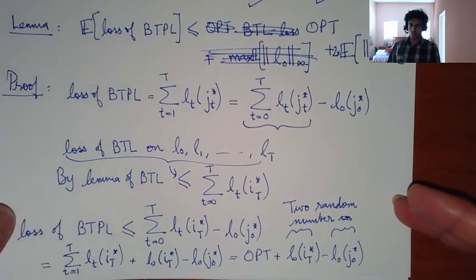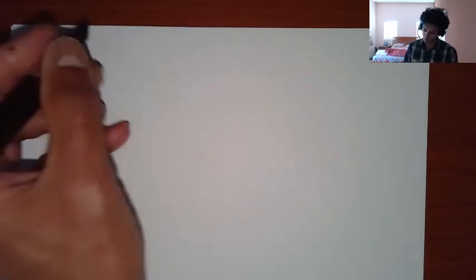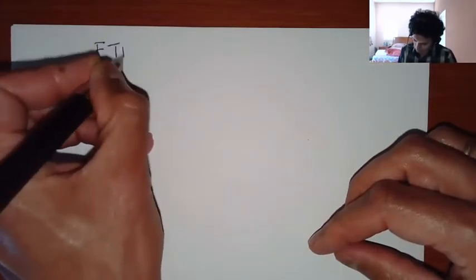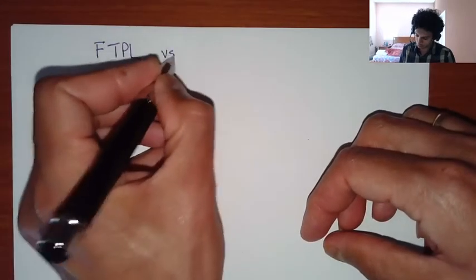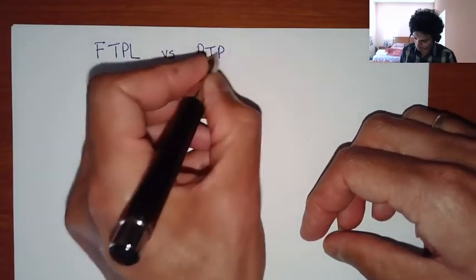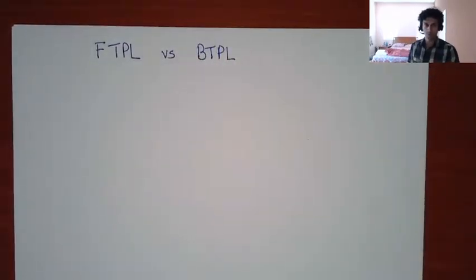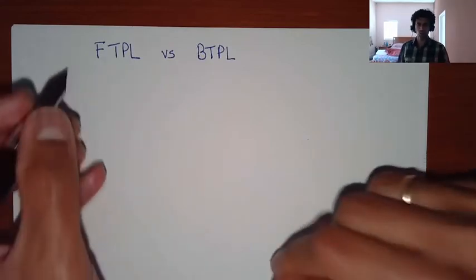So this gives us be the perturbed leader. So now let's go to follow the perturbed leader versus be the perturbed leader. Let's just recall what these things are.